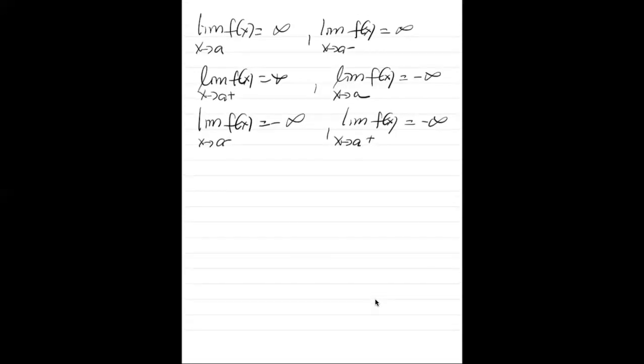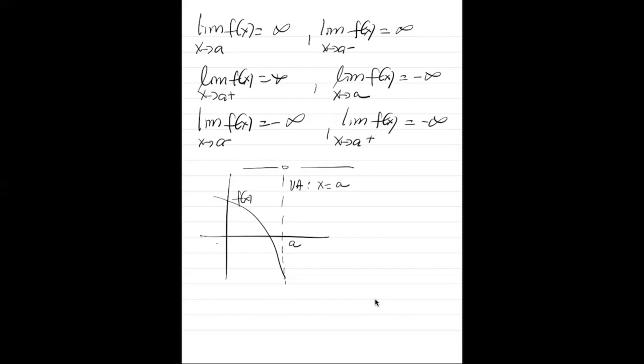So let's look at this picture. I have some function here, f of x, and it has a vertical asymptote at a. Okay, so this is vertical asymptote. The equation is x equals a. Which one of the previous 6 limits is true here?